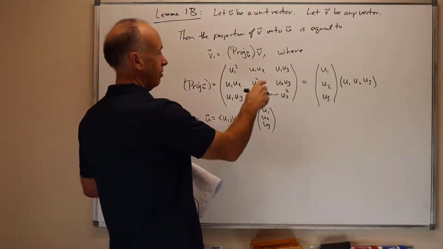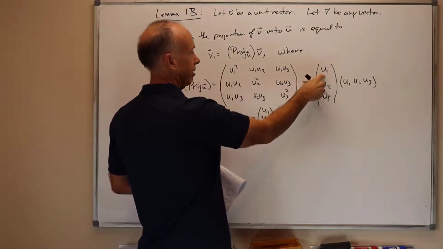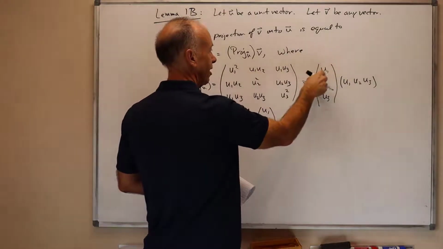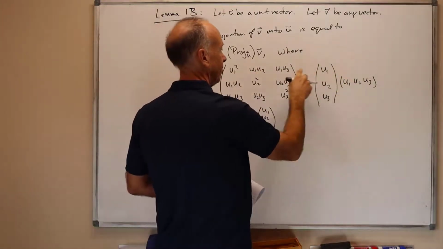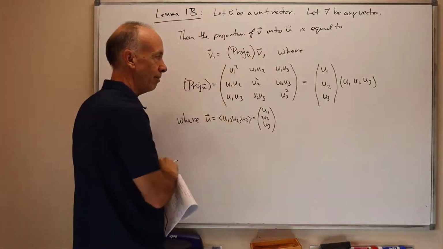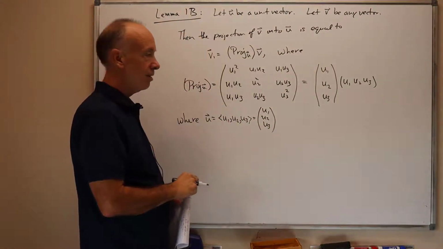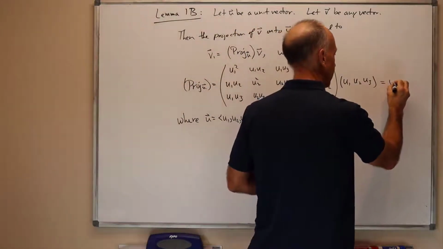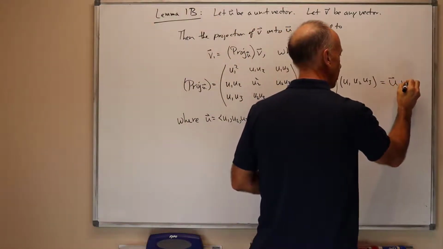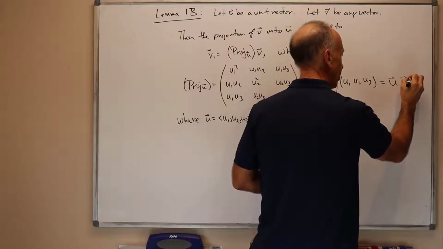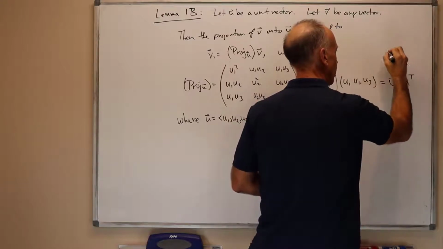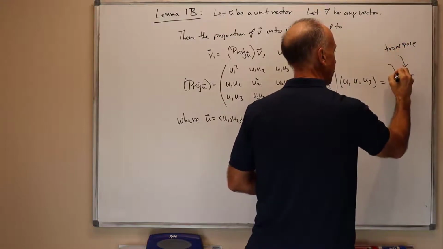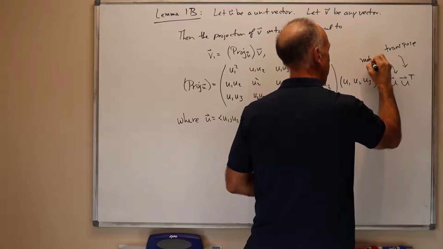To see why this equality holds, u1 times u1 gives us this first entry, u2 times u1 gives us the second entry, u3 times u1 gives us the third entry on the top row, and so forth. You can check all the entries are correct. And we can write this again as u times u transpose. The T here means transpose, and the operation here is matrix product.